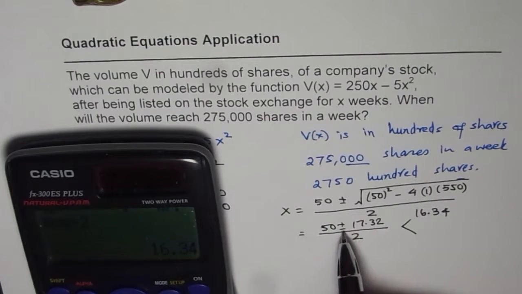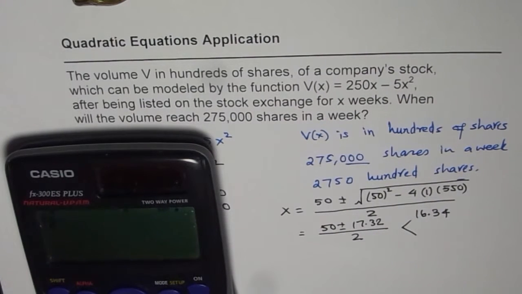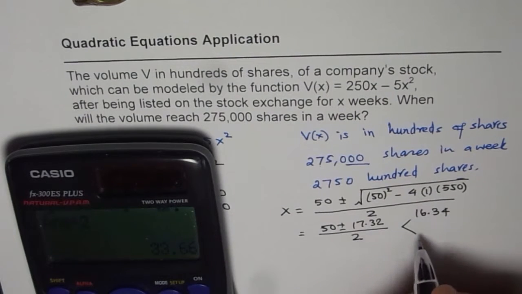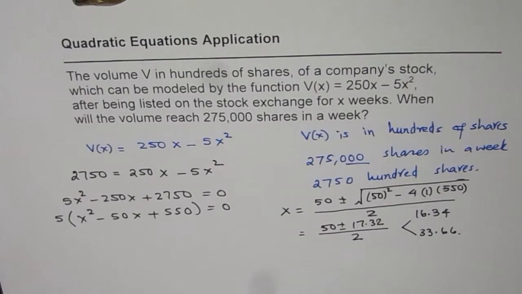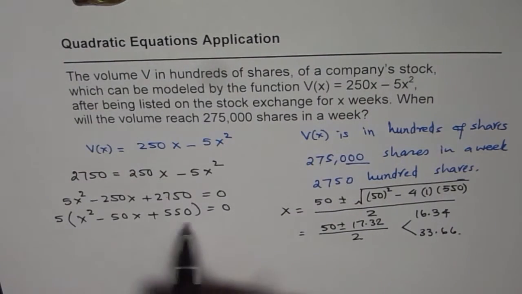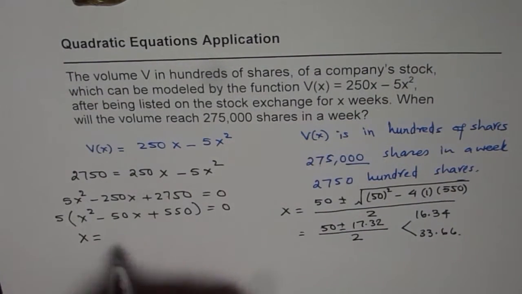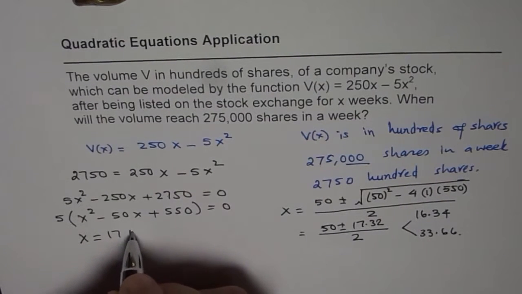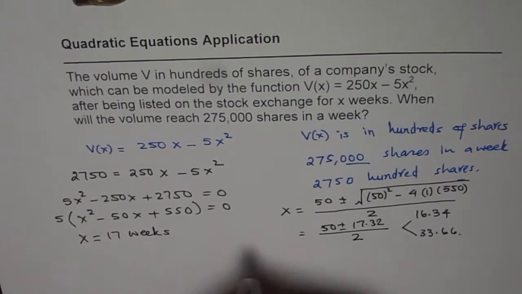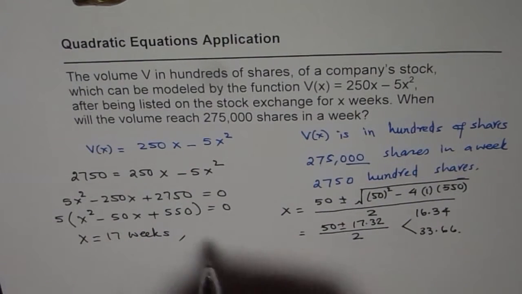The other will be when you add it: 50 plus 17.32 divided by 2 gives 33.66. So these are two answers for x. We get x equals 16.3, or you can say 17 weeks, or it could be even 34 weeks.